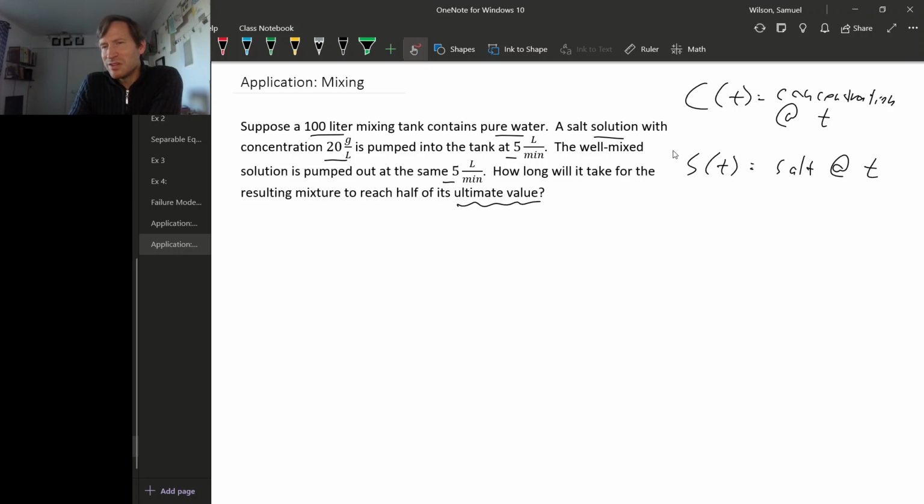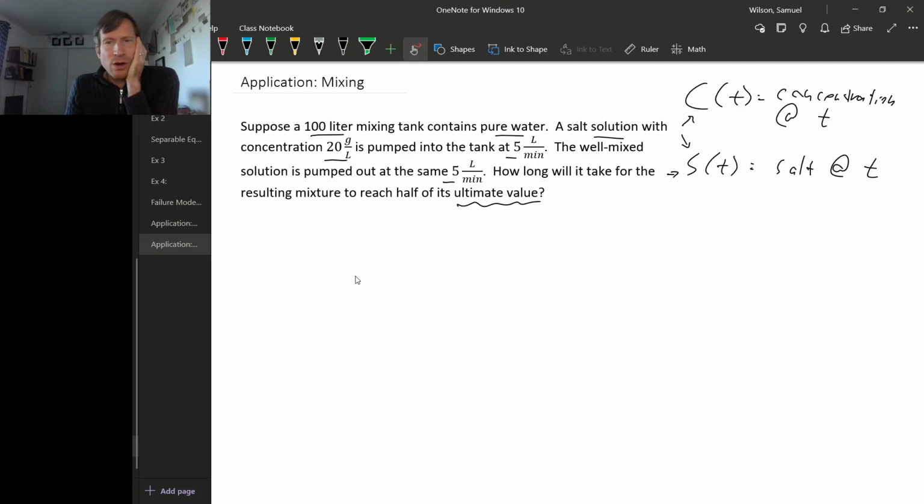I think I'm going to use the amount of salt instead of the concentration, but since our tank has a constant 100 liters of liquid in it, the concentration will just be the amount of salt divided by 100. So we can switch between these two at will. But for my own reasons, I'm going to use the amount of salt as our unknown function here.